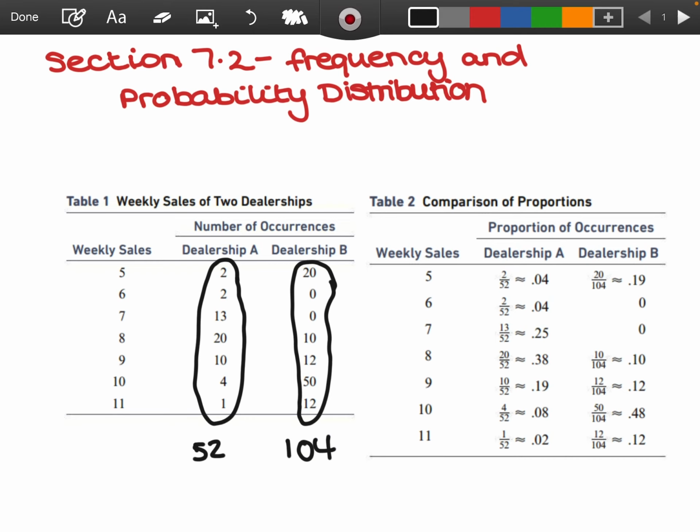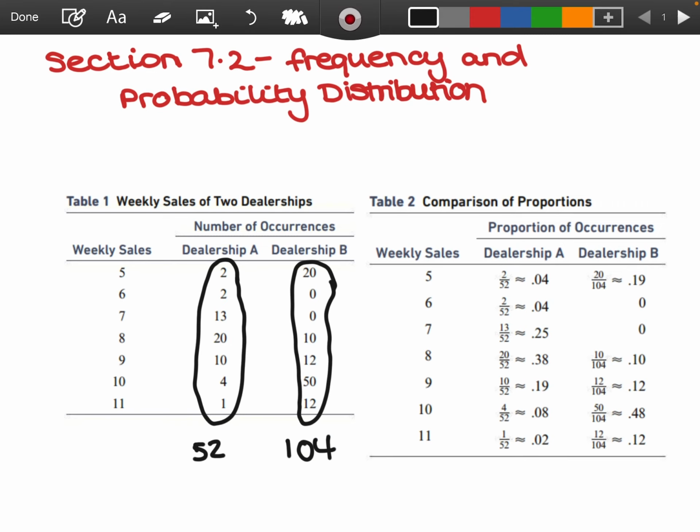This tabulation that we have here, where we've got the 2 tables, you start out with, in this case, weekly sales, so you're looking at the things that can possibly happen, your outcomes. You've got the outcomes in one column, then you've got the frequency in another column.